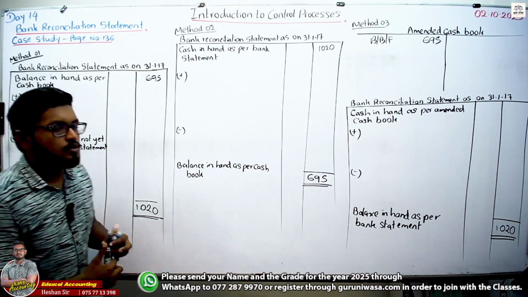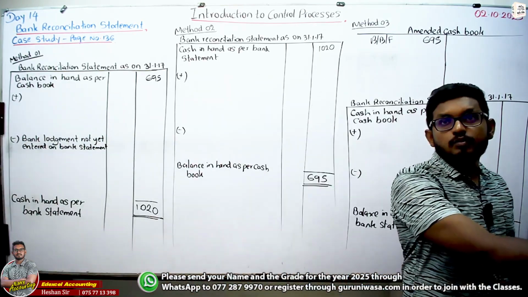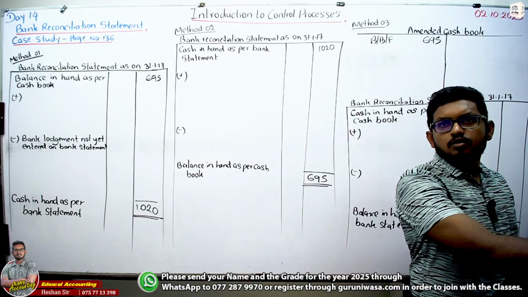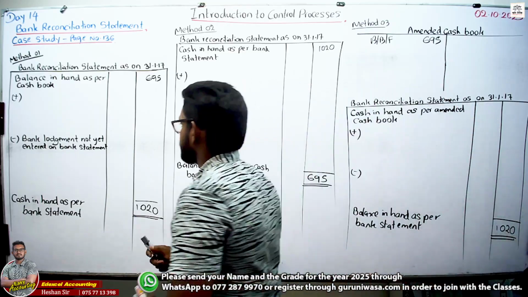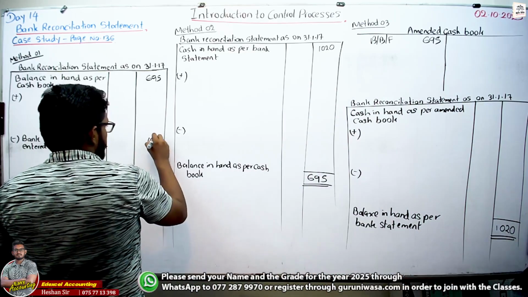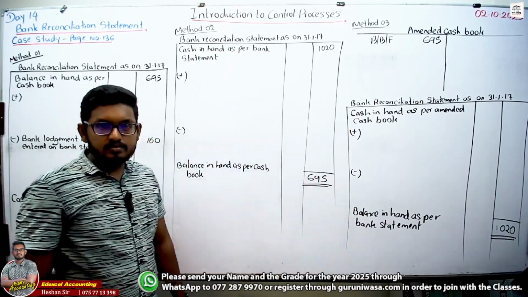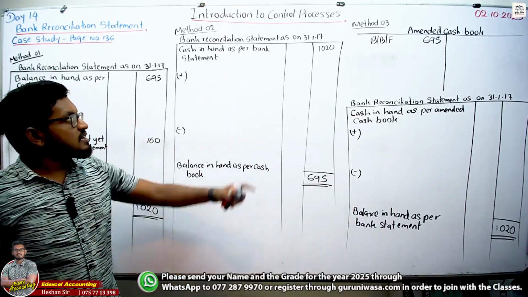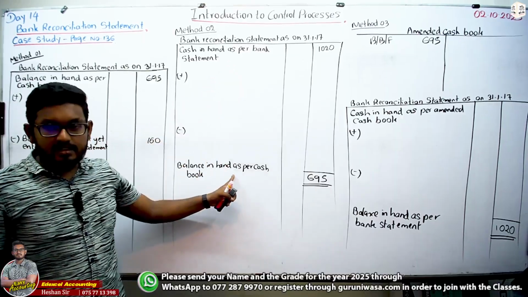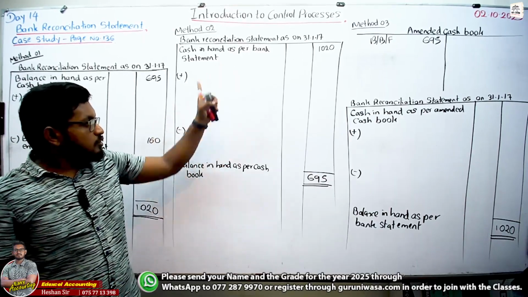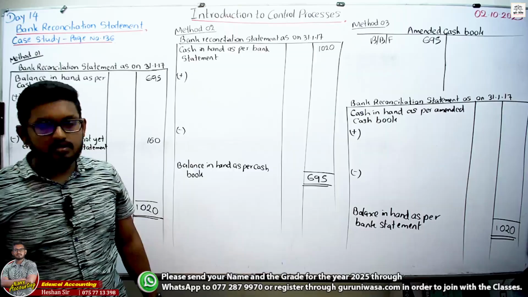The value was 168. Okay, let's take this one. Initially, we take the bank statement balance, not added. Understand? Not added means it's 90. In here, it's added, 100. From 90 to take 100, we need to add 10, right?